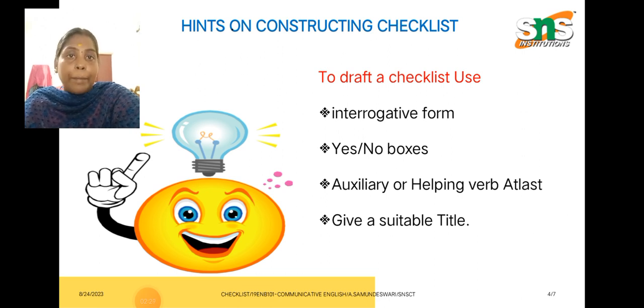I will show you a sample one, then you can find it very easy to frame yours. And I already mentioned that a checklist can be prepared by using the helping or auxiliary verbs. Especially you can go with have. You can construct a sentence like, have I taken my mobile phone, or else, have I booked my ticket.